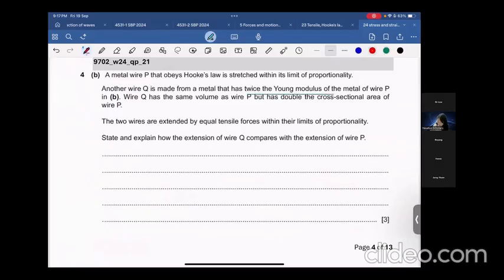So this one is 2E, so just now P is E. Q is 2E, and P is only E. Then wire Q has the same volume V as wire P, but has double the cross-sectional area of wire P. The area for Q is double the area for P.